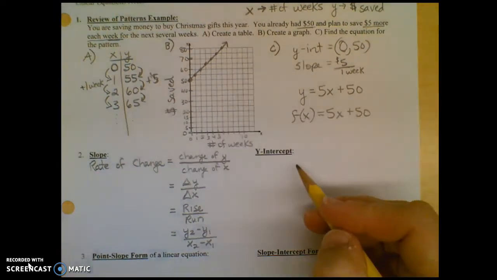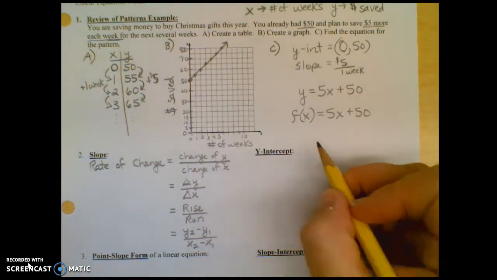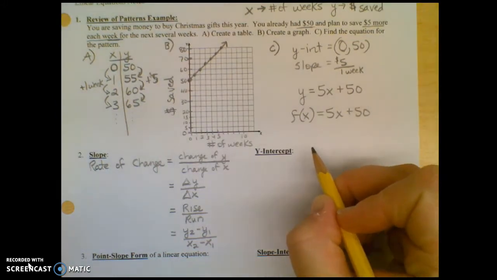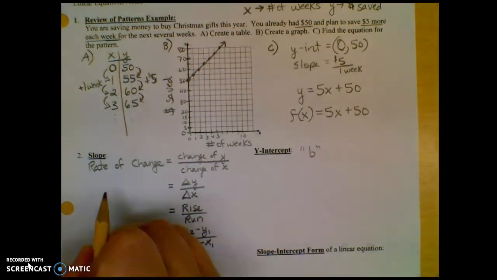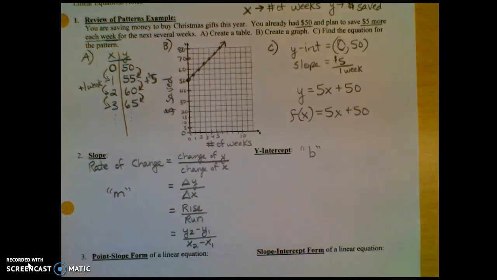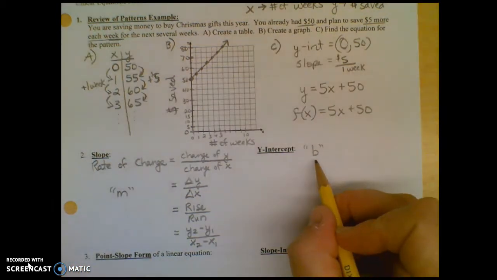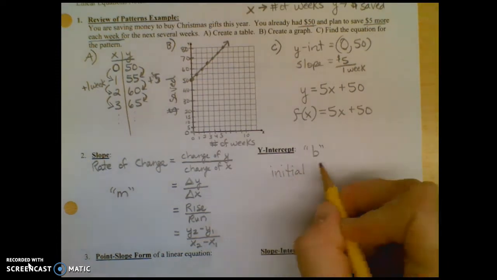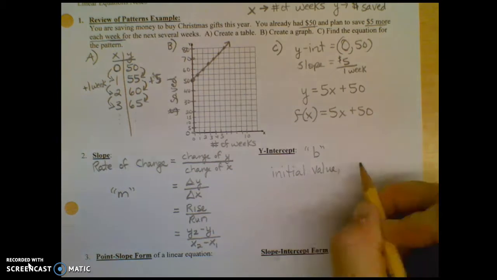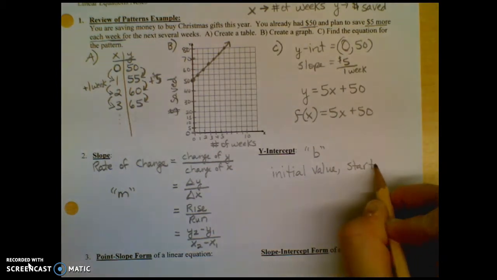Okay. The y-intercept is called the b value, lowercase b. Actually, I forgot to tell you the slope. The slope is called the m. And this is an initial value or a starting point.